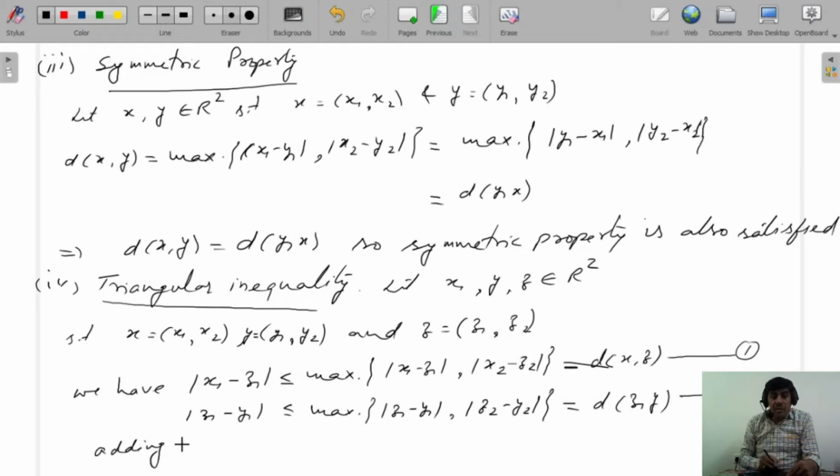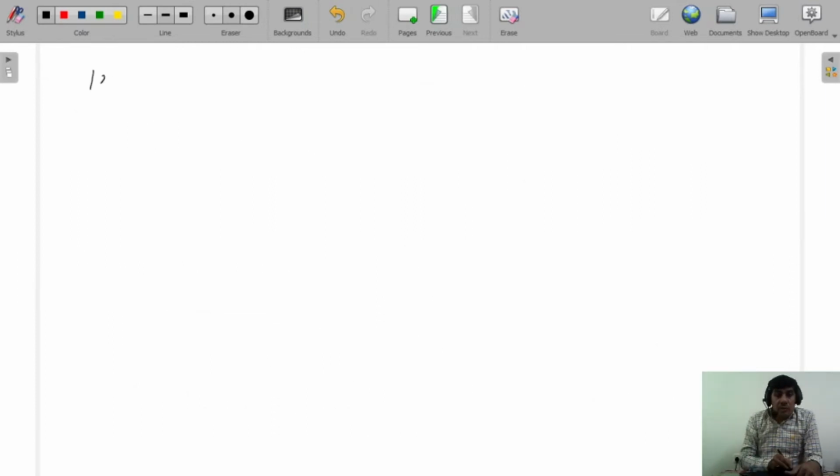Adding these equations, we have modulus of x1 minus z1 plus modulus of z1 minus y1 is less than or equal to dxz plus dzy. Equation number 3.